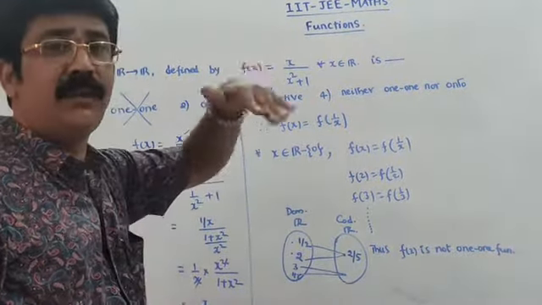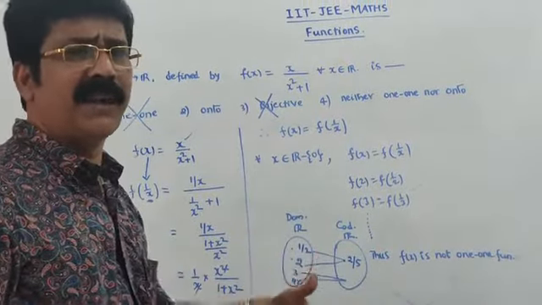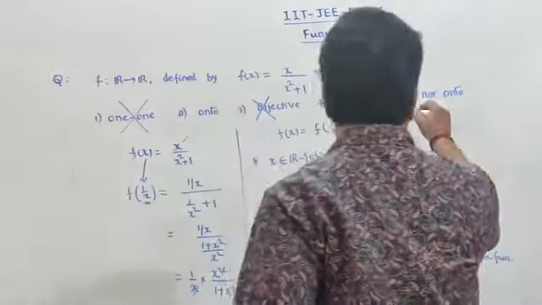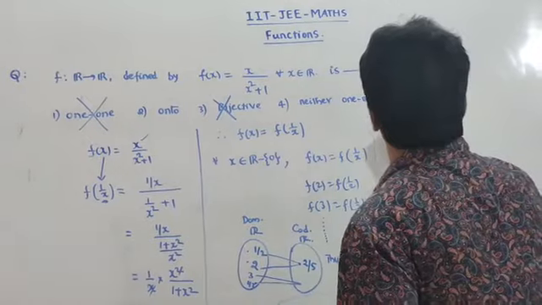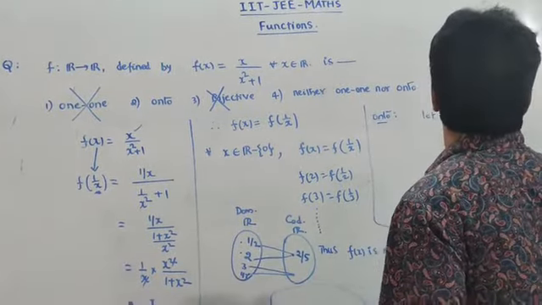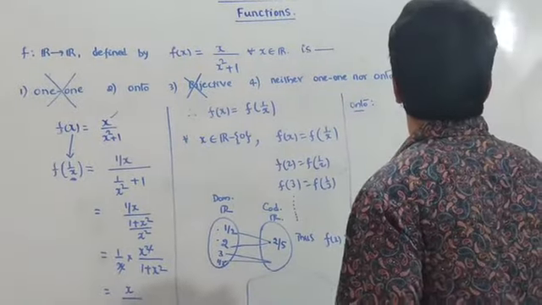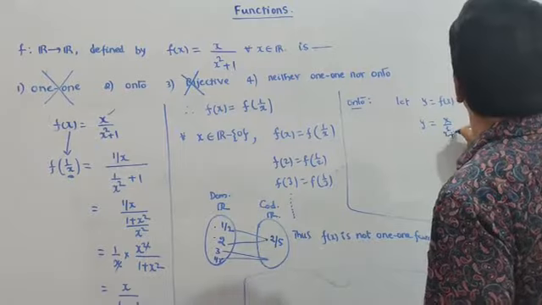Next, we are going to verify for onto function, so I will follow the usual procedure. Test for onto function: first, let y is equal to f of x, then y is equal to x divided by x square plus 1.